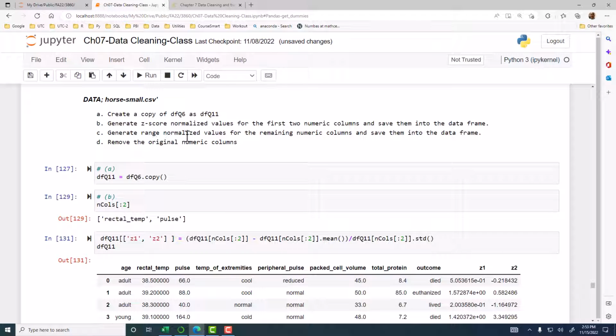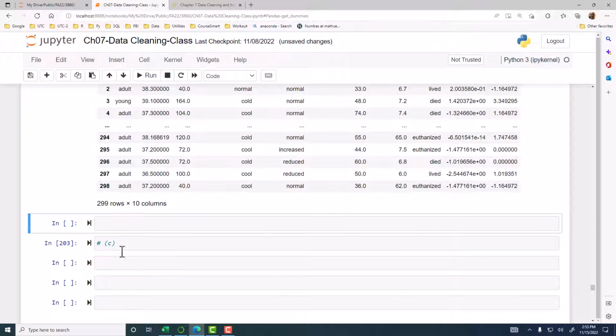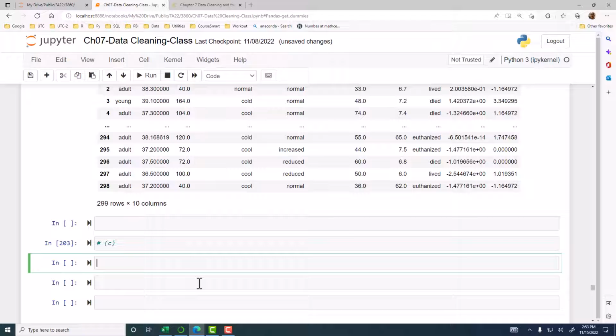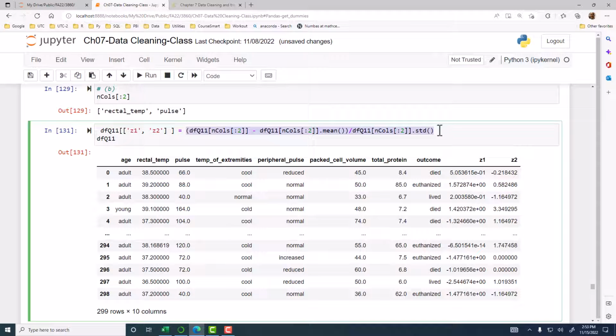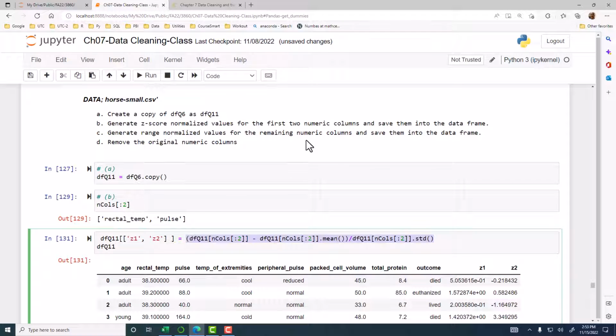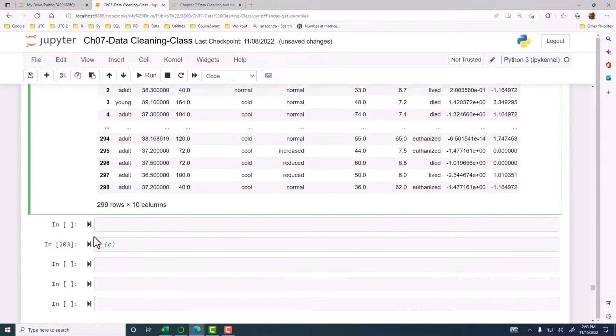Okay, generate range normalized. So the next one is range normalization, and once again that is also pretty straightforward. So let's copy just that part. The question is not asking us to save it back. Oh, it does say save it back. Okay, so let's do the whole thing now. Let's copy the whole thing.